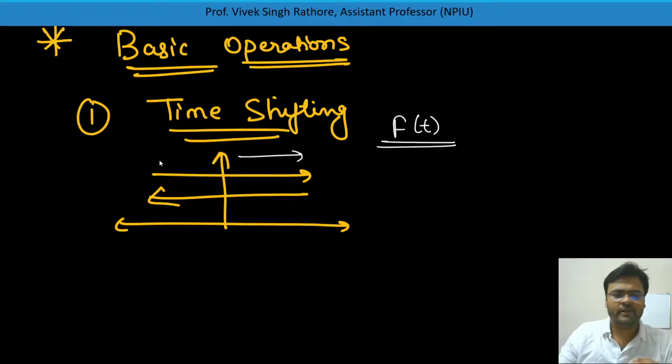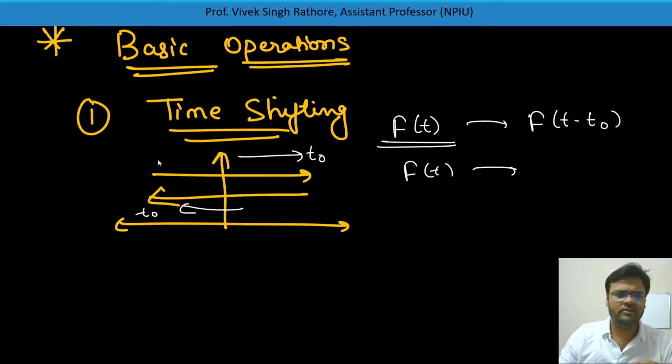It is represented as f(t minus t naught), if it is shifted by t naught time. And if we shift in the other direction by t naught time, we represent it as f(t plus t naught).